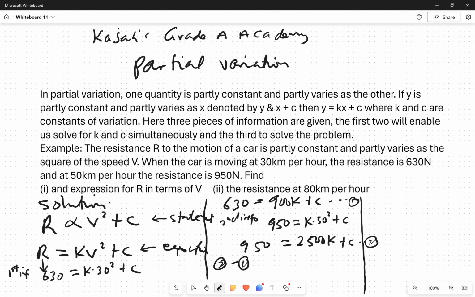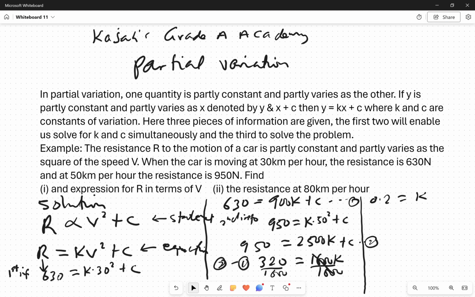We're going to have 320 is equal to 2500 minus 900, which gives us 1600k. Then we divide by 1600, both sides. Use your calculator, please. Then we have 0.2 is equal to k.